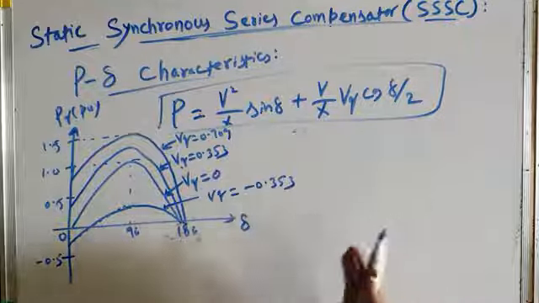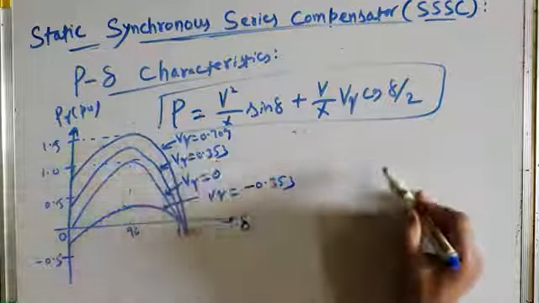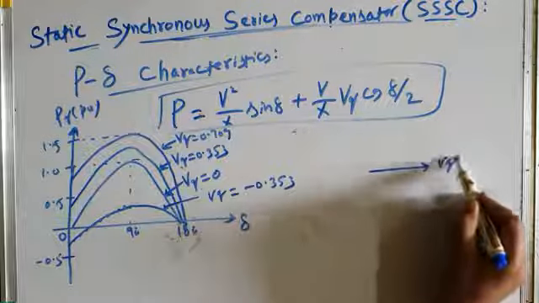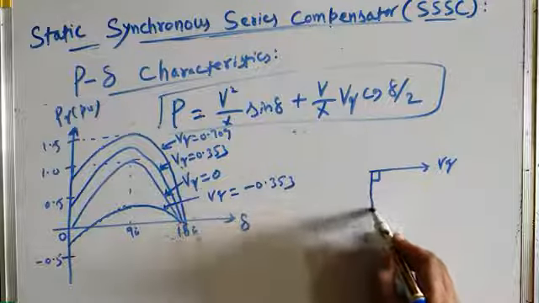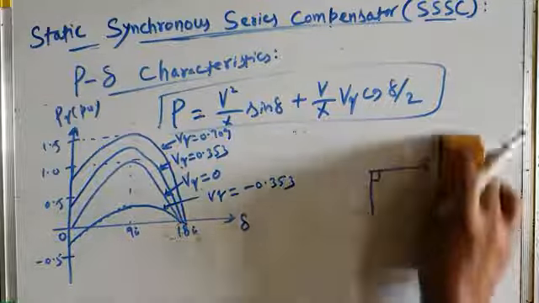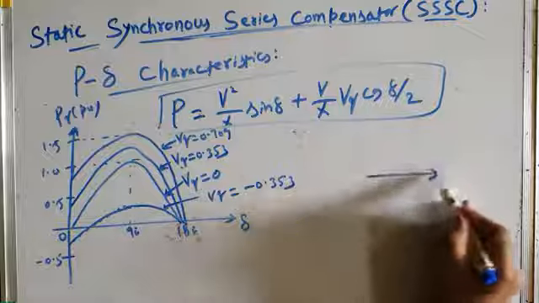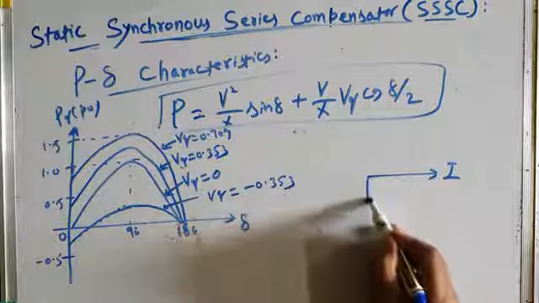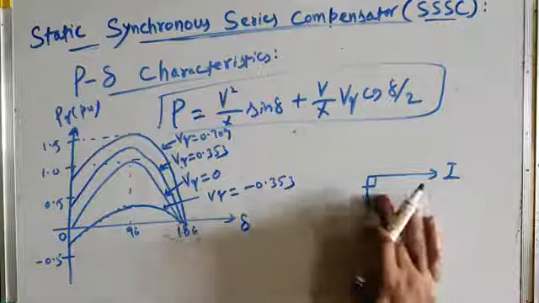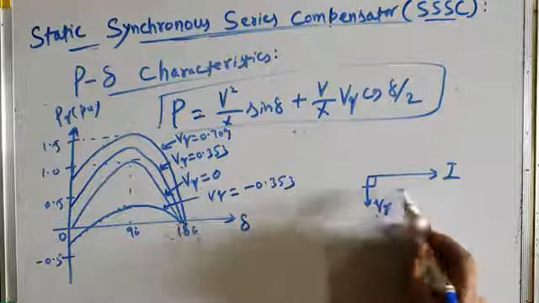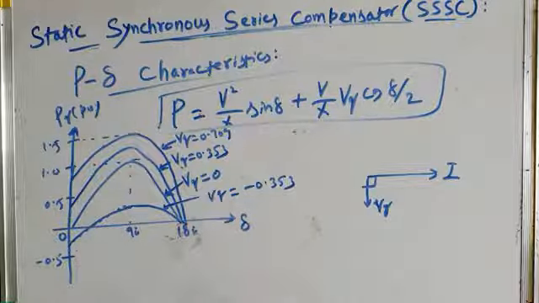Minus means now earlier for positive values the voltage was leading the injected voltage was leading the transmission line current, or if I show transmission line current like this, the injected voltage was lagging the transmission line current, or current was leading the voltage. Okay, so your SSSC was working in the capacitive region.